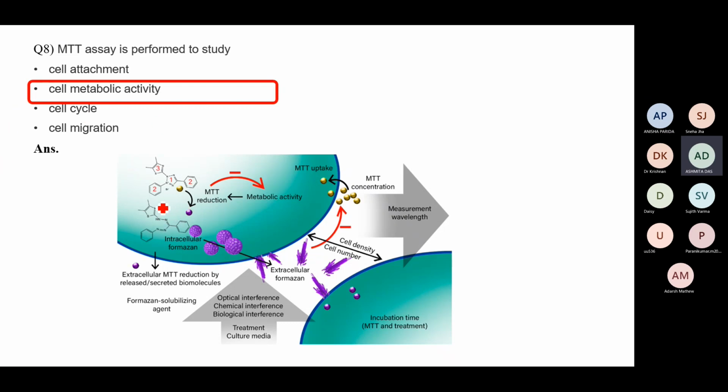So basically what happens, the MTT will be reduced, or the tetrazolium ring is opened, by the metabolic activity of the cell, which produces the color.